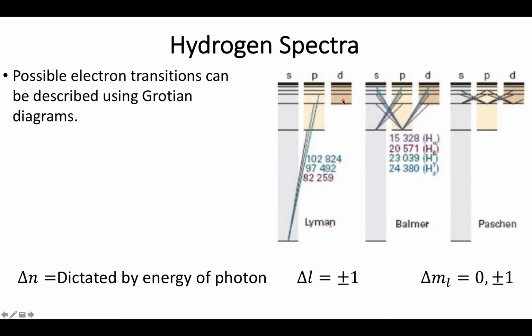So what we've done here is we've seriously limited the states. It turns out with the m sub l rules that you can only go up or down one m sub l state, but since only -1, 0, or 1 are allowed for the p orbitals, this actually doesn't play a major role for this case. But where this gets really interesting is our classic Balmer peaks. These are the ones that we can see with visible light.